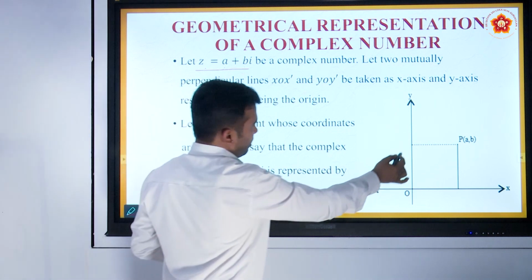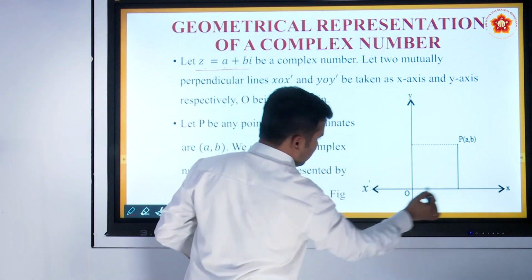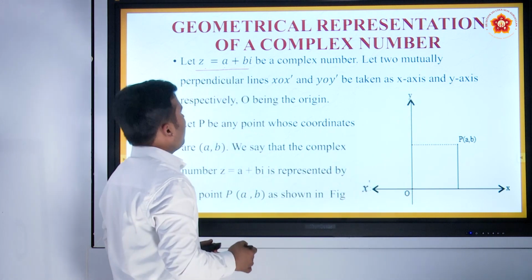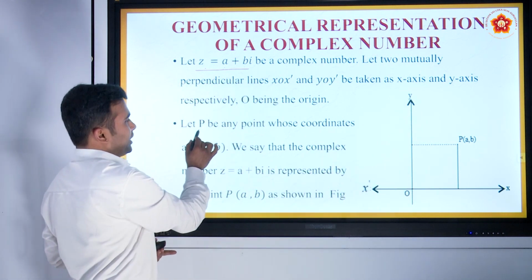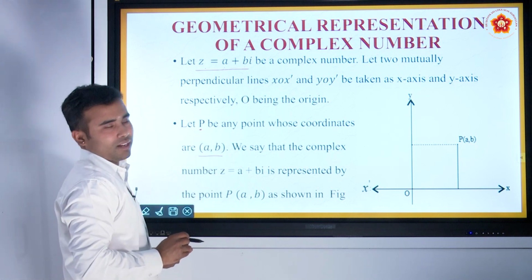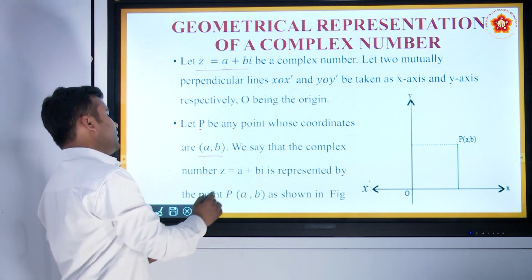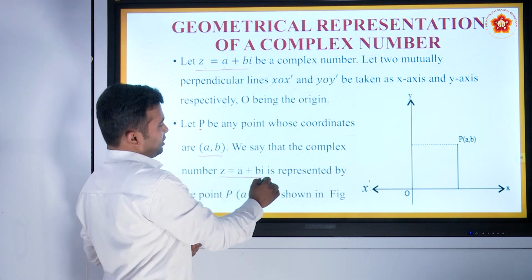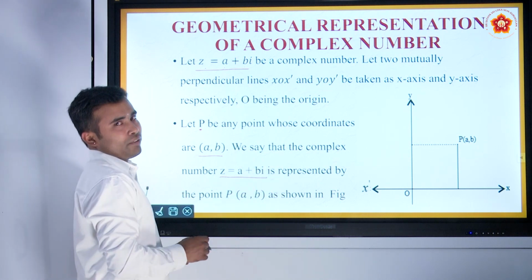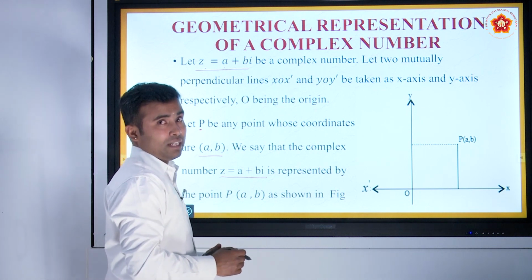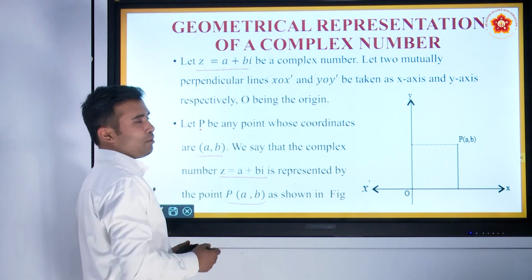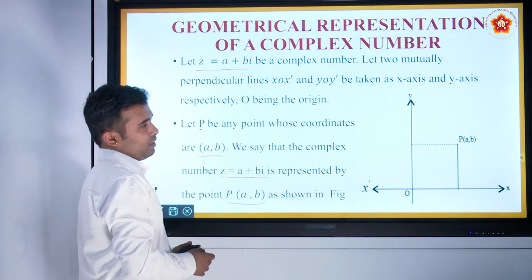Here I have taken X'OX as the x-axis and this is the y-axis, and I have taken a point P whose coordinates are a comma b, let us say. Then z equal to a plus bi can be represented as the point P. We can represent a complex number as a point P with coordinates a comma b, which is shown in the figure.